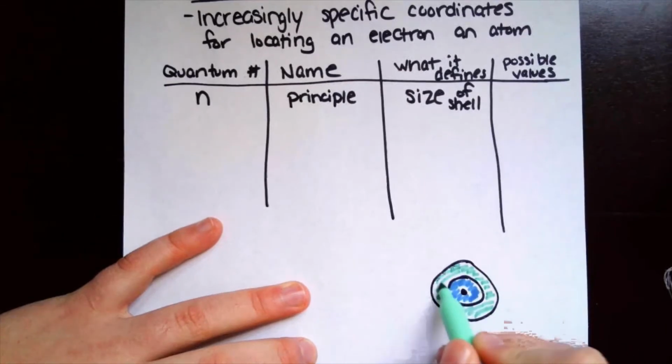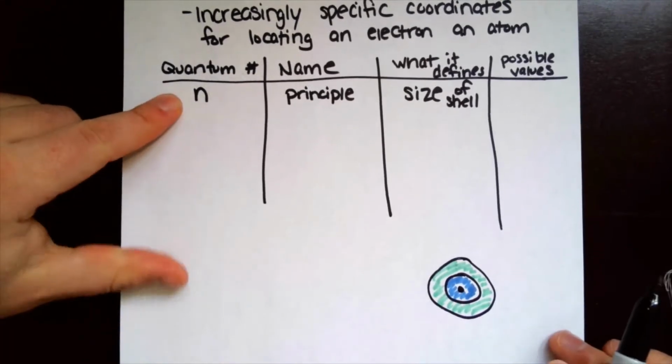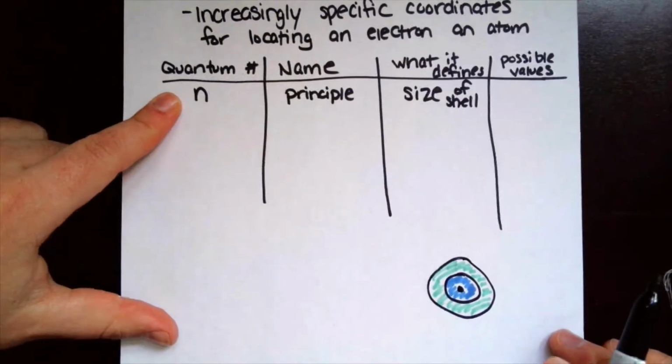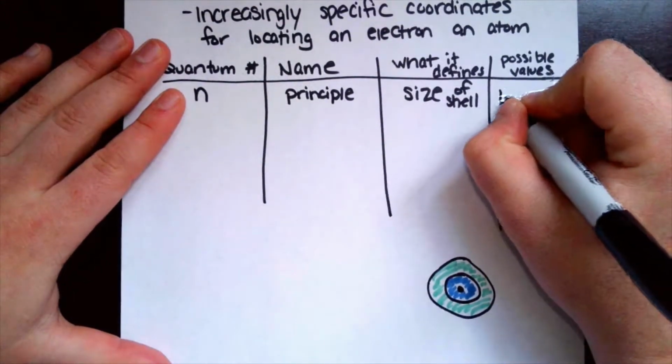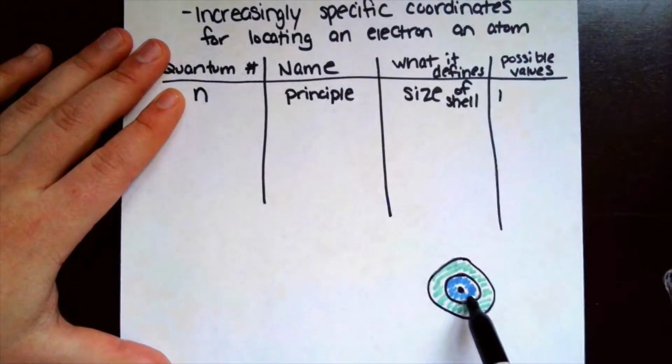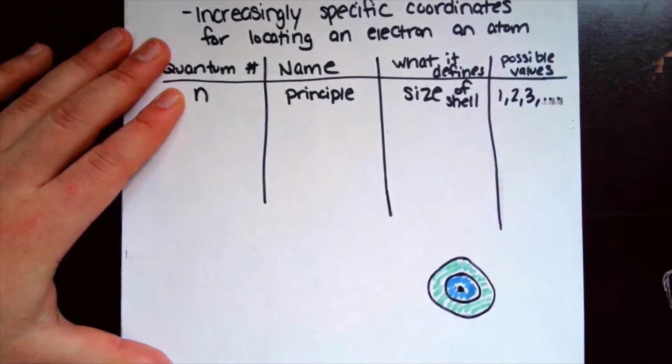And if I had drawn more shells, so on. So basically just what energy level it's in. That is what's defined by n, the principal quantum number. And n could be any integer. It just starts at 1. So again, this first one is 1, then 2, 3, and so on.